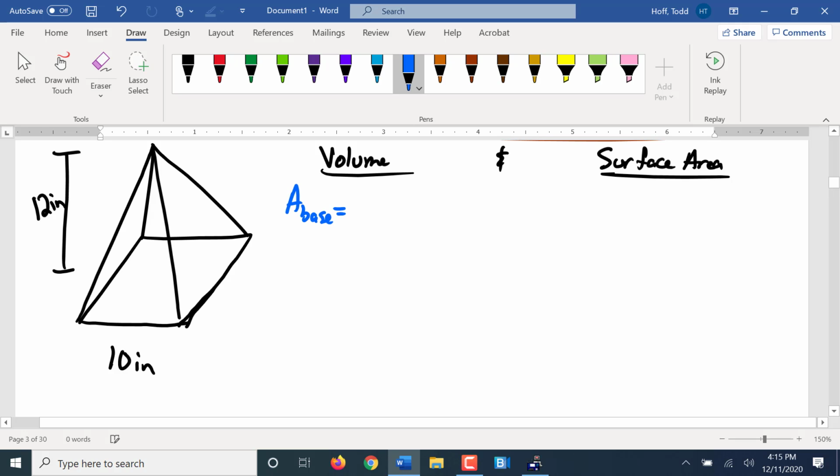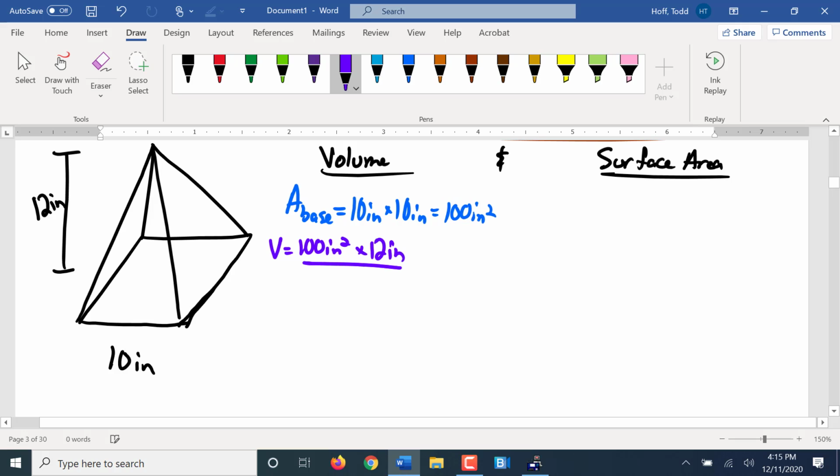How do we do the area of the base here? 10 inches by 10 inches, which gives us 100 square inches. How do we get to the volume from there? 100 square inches times 12, and then divided by 3 because it's a pyramid. 400 cubic inches.